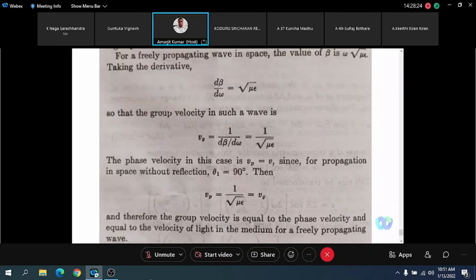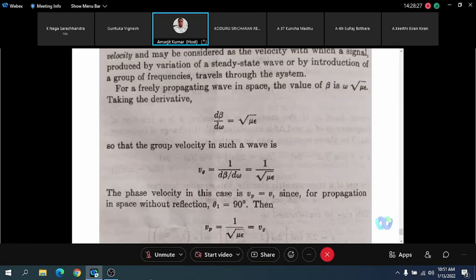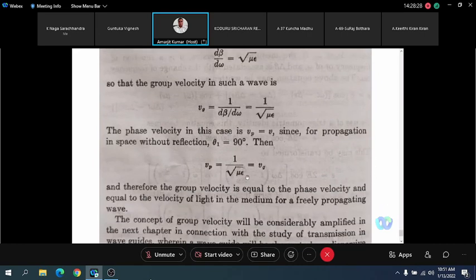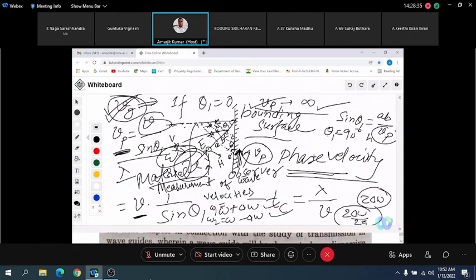Okay. And what will be Vg into Vp? Vg into Vp will be equal to C square. So the product of phase velocity and group velocity will always be equal to C square.